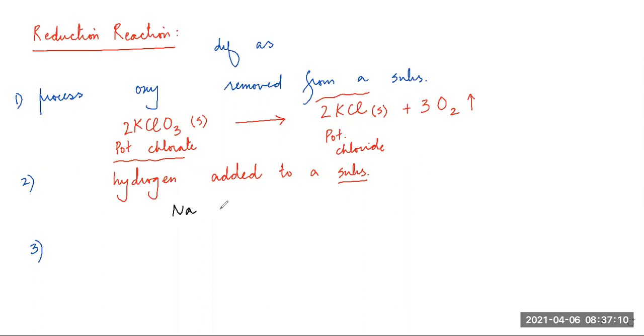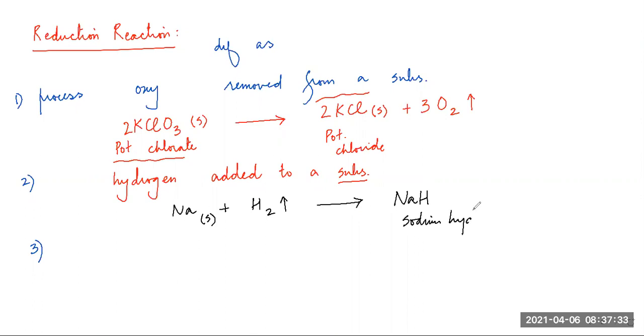Sodium in the solid state plus hydrogen, obviously a gas, you can either write G or put an arrow, becomes NaH, sodium hydride.